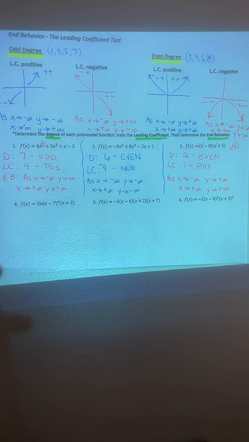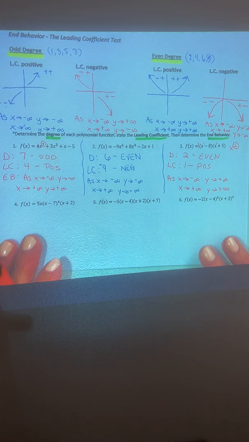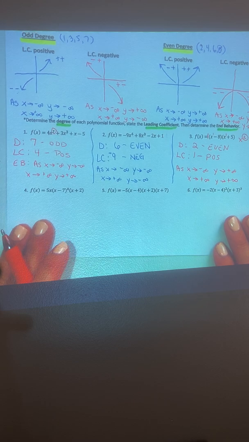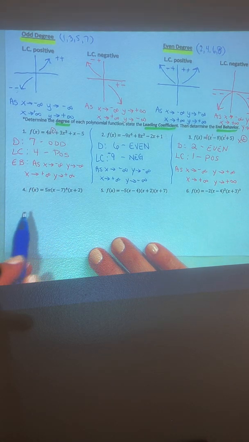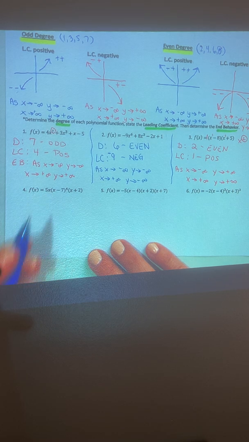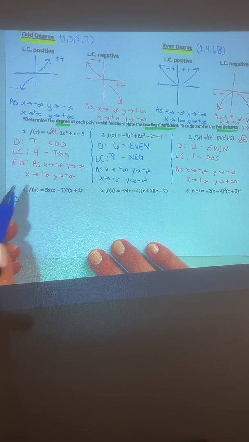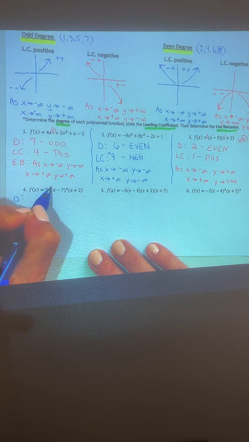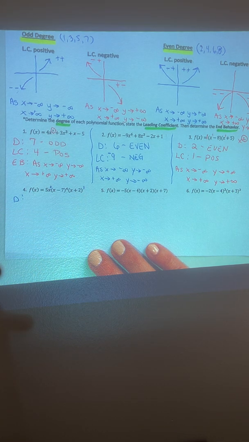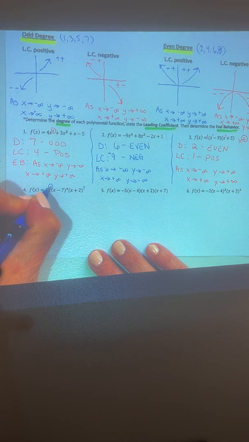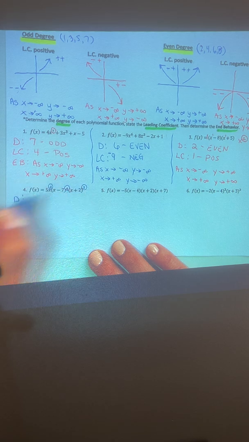Okay. Number 4. Okay, moving right along. So what's the degree here? We have a 1 plus 4 plus 1. Everybody see that? The degree, 1, 4, 1. So the degree is 6.